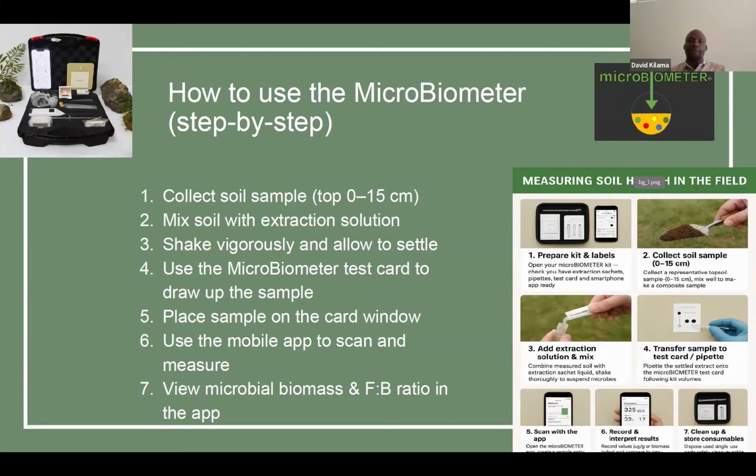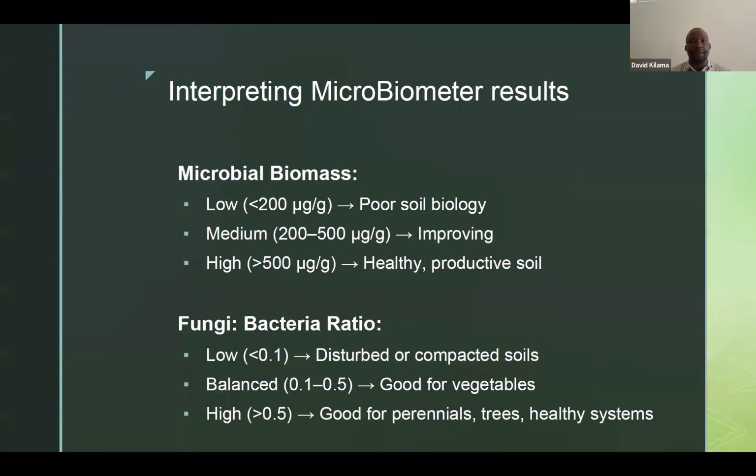Then you can transfer the sample to your reading card. In this, we are going to use an app called microbiometer, where you can get the reading of your fungal to bacteria ratio and also biomass details. The next slide is going to show us how you interpret the results from this kind of reading.